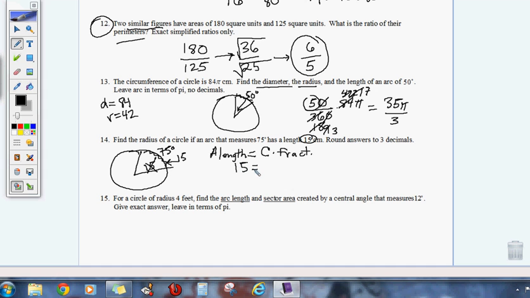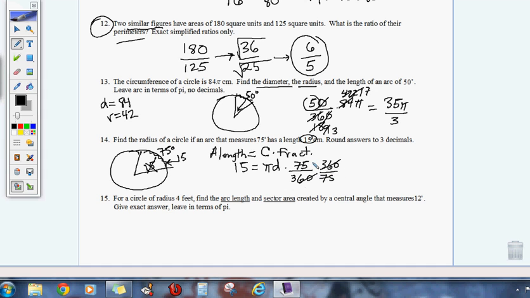The circumference of the circle, I do not know, so I'm just going to say that's pi times diameter, but I am going to multiply that by the fractional part, and that fractional part is 75 over 360.